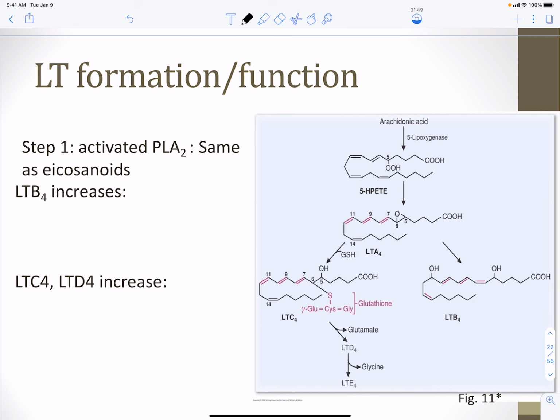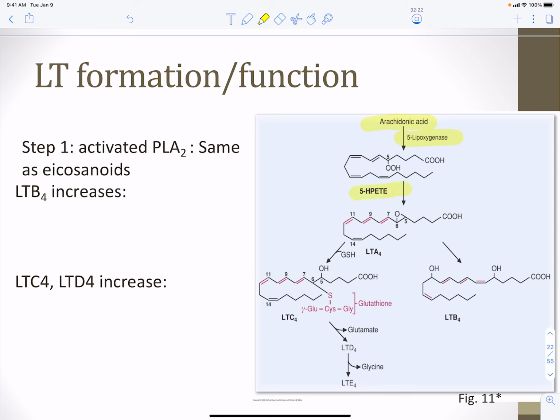So your formation of your leukotrienes is going to involve your removal of arachidonic acid, similar to the icosanoids. And then you will get arachidonic acid, but instead of cyclooxygenase, you get lipoxygenase that works off of it. In this case, we're showing 5 lipoxygenase. And so for 5 lipoxygenase, you are going to get the intermediate 5-HPETE.